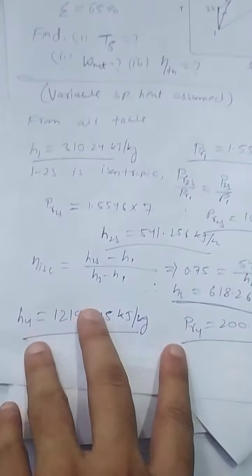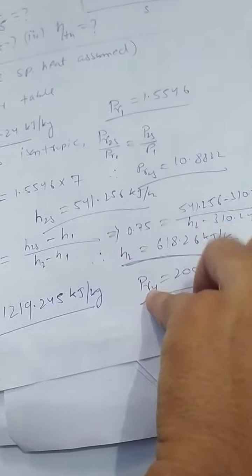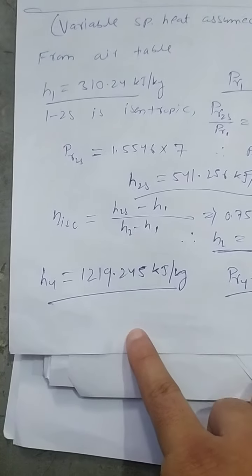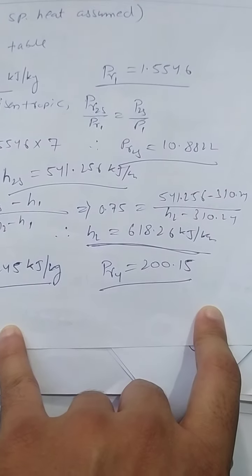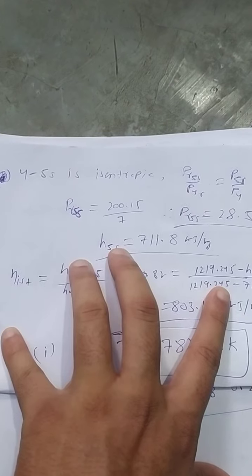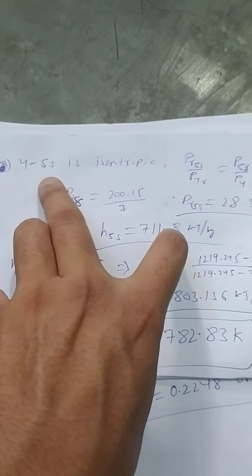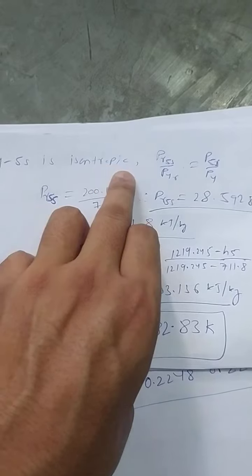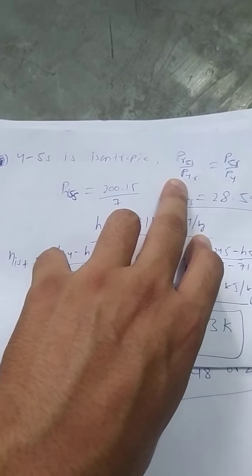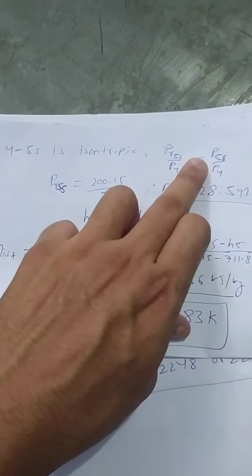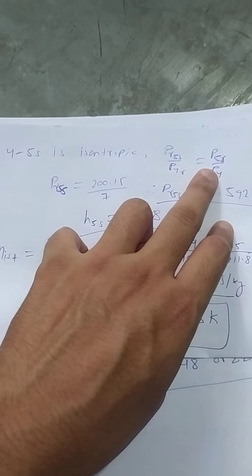Now h4: T4 is given, right, 1150. So from the table we can get the specific enthalpy at 4 and relative pressure at 4. Now 4 to 5s is isentropic. So similarly, the ratio of relative pressures must be equal to the ratio of actual pressures.